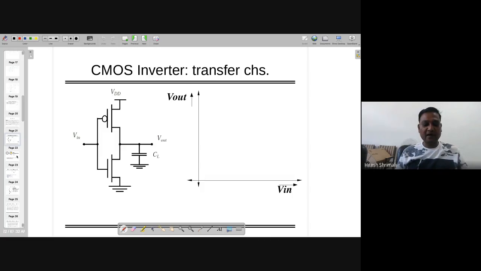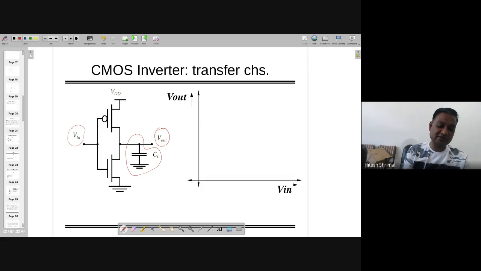Now, first I'll try to keep things intuitive rather than going into equations. If there is a CMOS inverter, and I want to draw Vout with respect to Vin, note that most of the time, even if you don't draw it here, there will always be a load capacitance.